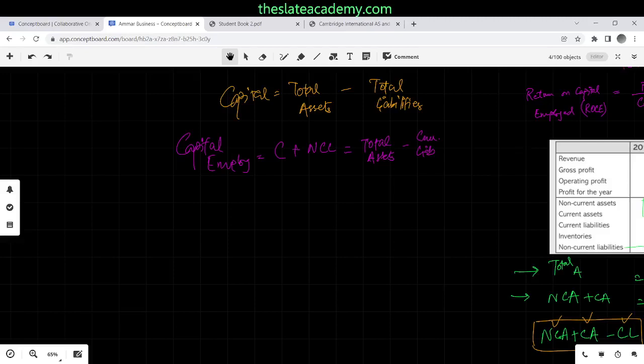Alright, and the third thing that we have got is working capital, which is current assets minus current liabilities. Okay. C is capital, right, for capital employed? Yeah. Let me write it.